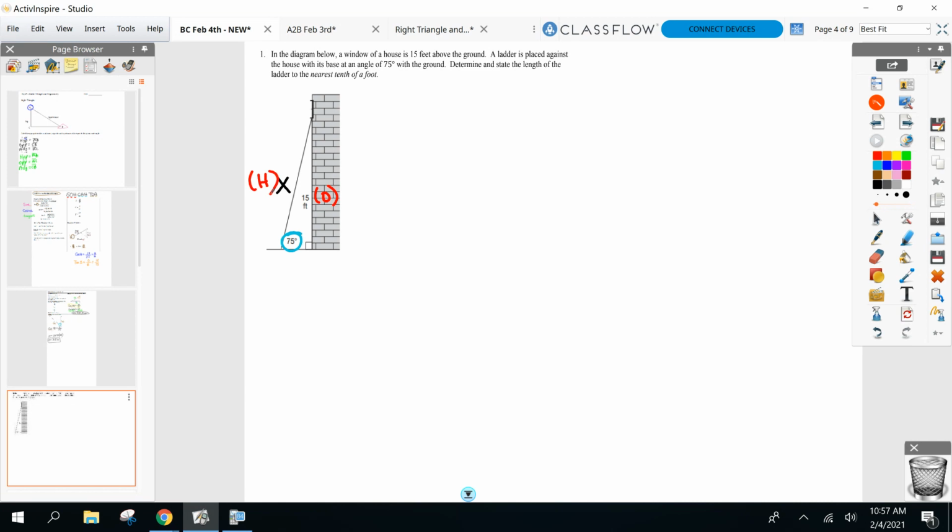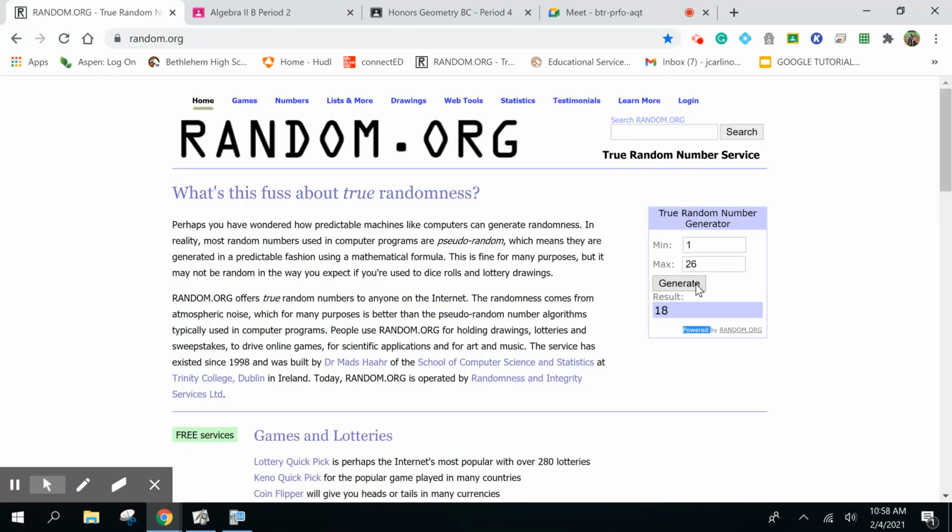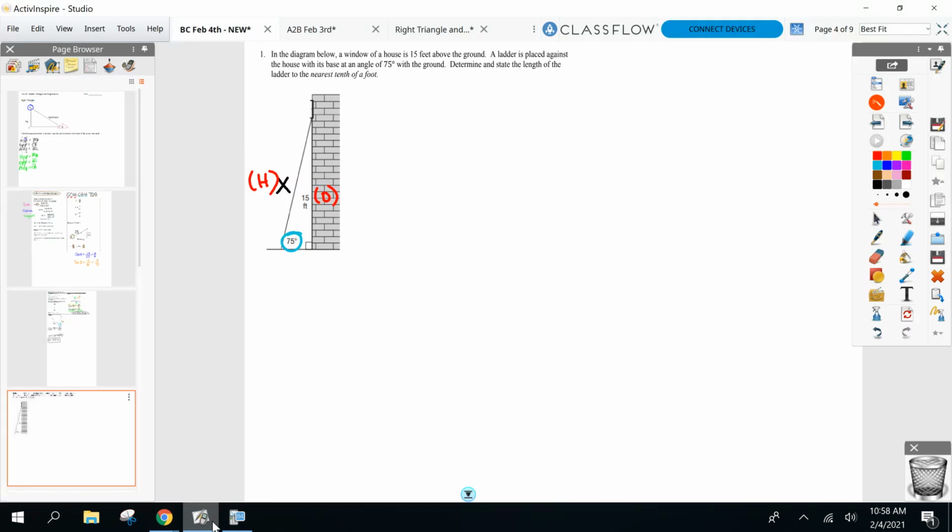Good work. So I'm given opposite and the hypotenuse. So this would allow me to use what ratio in the equation now? What ratio can I use with opposite and hypotenuse? Sine. Good job. So here we go. Sine 75.